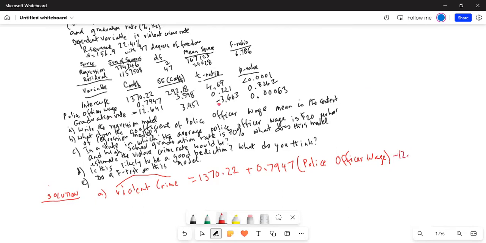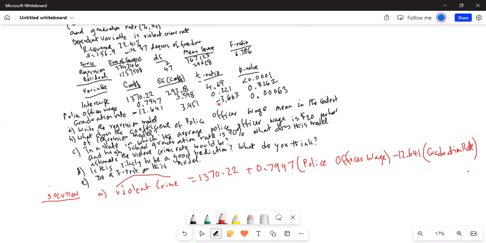It is minus 12.641 times graduation rate. So this is the multiple regression model. The predicted value of violent crime is given by this equation: 1370.22, which is the constant term, plus 0.7947 times the police officer wage per hour, average wage per hour, minus 12.641 times graduation rate percent.